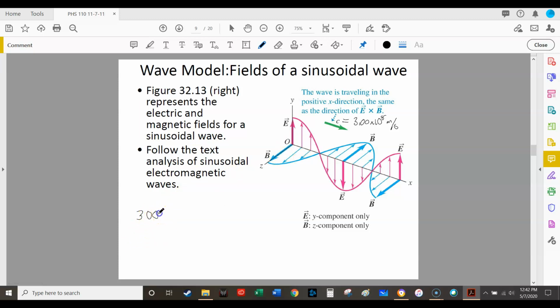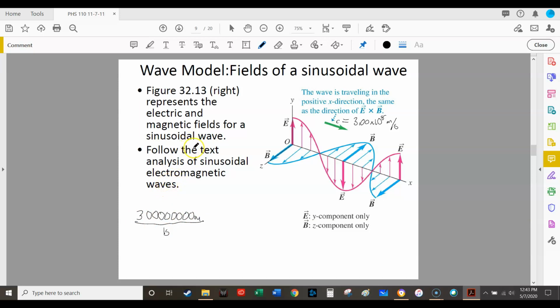So that's 1, 2, 3, 4, 5, 6, 7, 8 meters. So light travels that many meters in 1 second, okay, which is amazing.